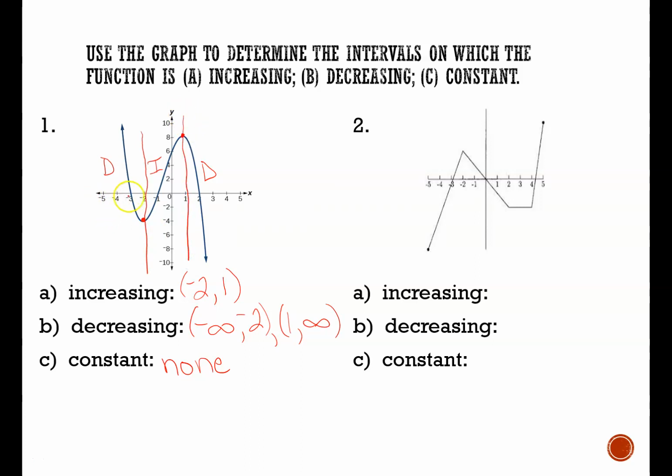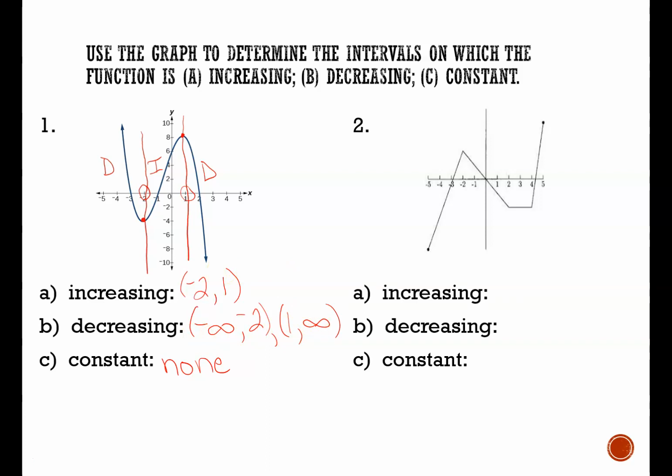And so then just look at your x's. So from -infinity all the way to -2, then from -2 to 1, and then 1 to +infinity. Just make sure you concentrate on the x-axis. And also make sure you're using all parentheses.